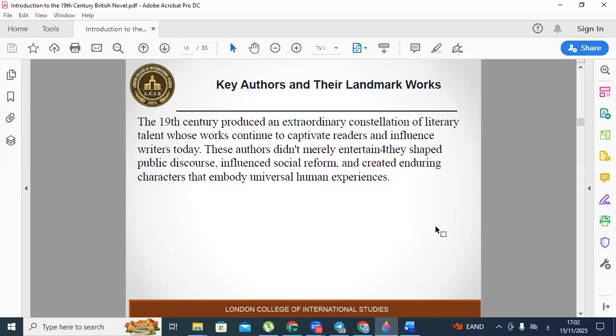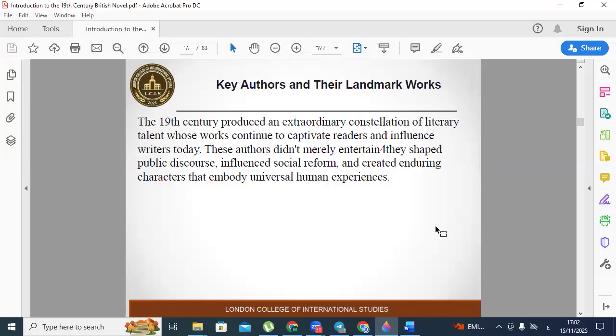Understanding major authors means understanding not just individual works, but literary traditions and dialogues. When George Eliot wrote, she was aware of Dickens' achievements and chose different approaches. When Hardy wrote later in the century, he was responding to what earlier novelists had accomplished.